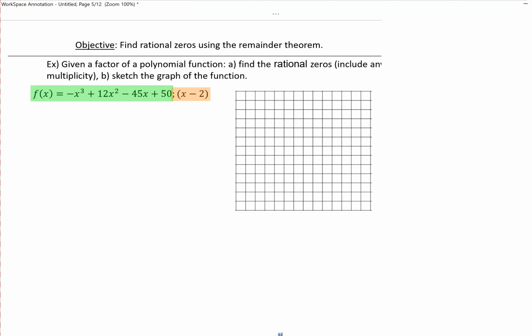So again, in order for us to find all of the rational zeros of this function, our factoring skills here may not work on this, so we would divide our x minus 2 factor into our function of negative x cubed plus 12x squared minus 45x plus 50. Whoops, need a 5 in there, don't I?